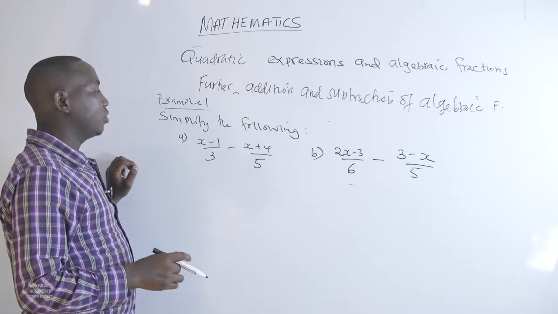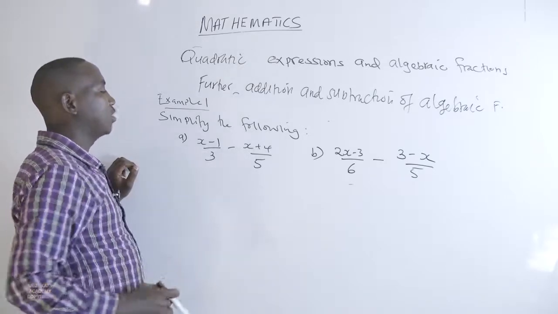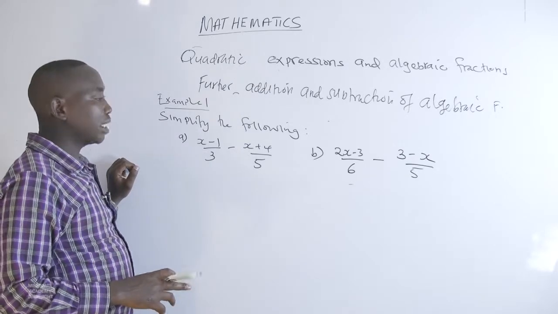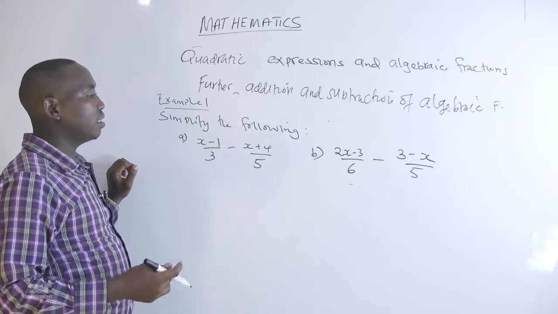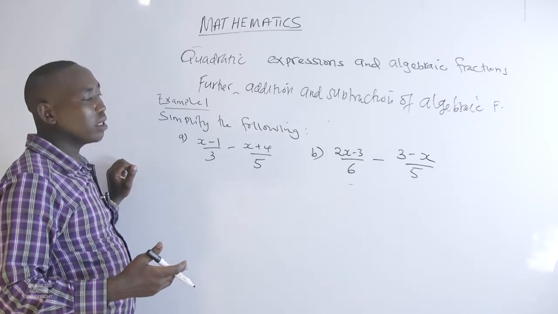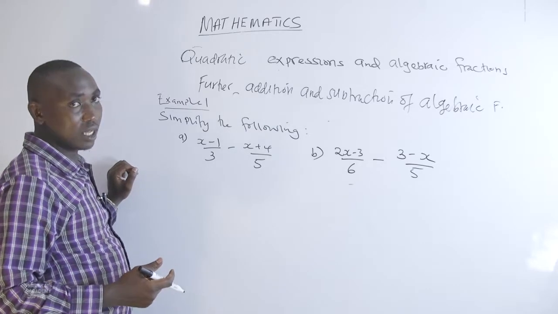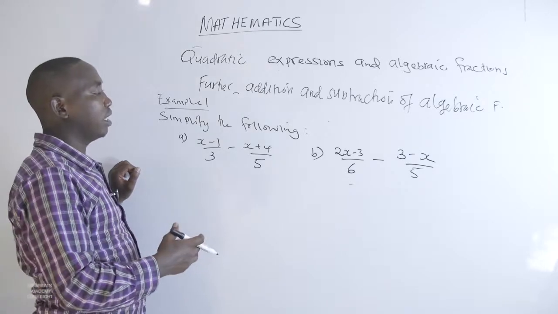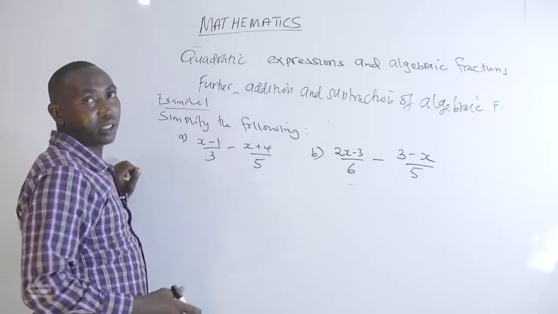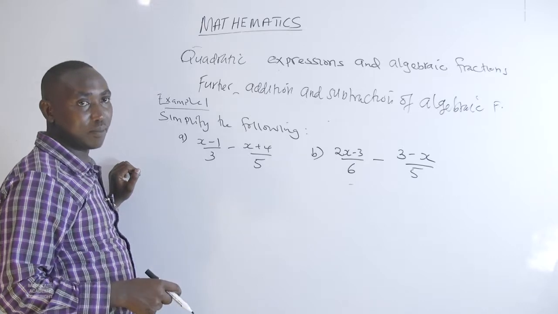You have been told to simplify (x minus 1) all over 3, subtract (x plus 4) all over 5. In this case, the procedure still remains the same: expressing these two fractions using the LCD.